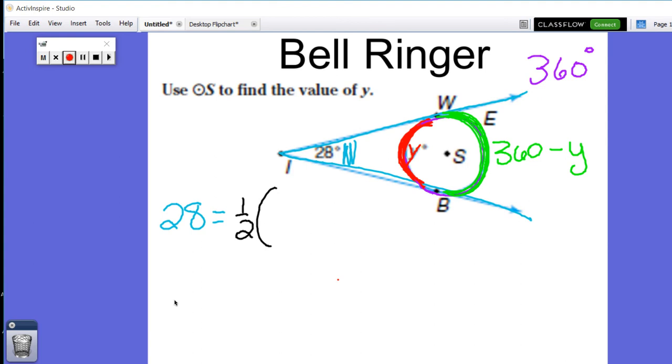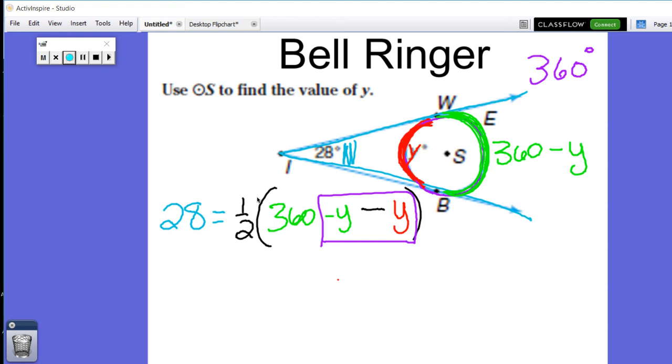So now that we have our values, we're going to continue with our formula. Our formula says we're going to take the biggest intercepted arc, so that means 360 minus y, and I'm going to subtract it by the smallest intercepted arc, which is y. Okay, notice how I'm using the colors of the numbers from where I got it from the problem. So the next step, I am going to combine like terms inside of parentheses.